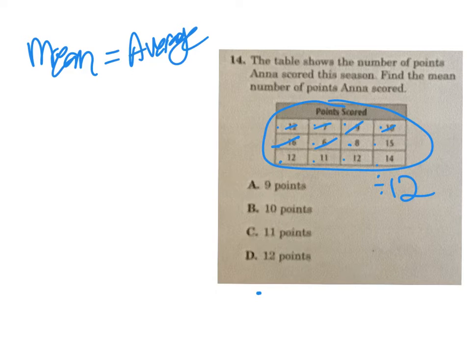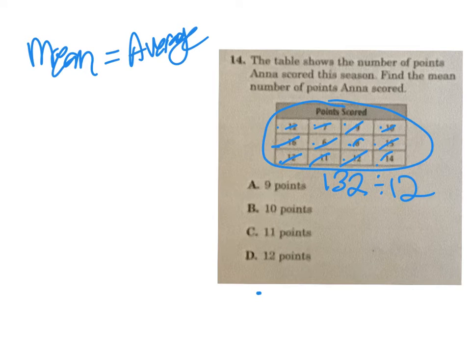And I gotta add 8 plus 8 and plus 15. So I've included that. Now I'm at 83. Now I'm gonna add 12 plus 11 plus another 12. Finally plus 14. And that gets me a total of 132.